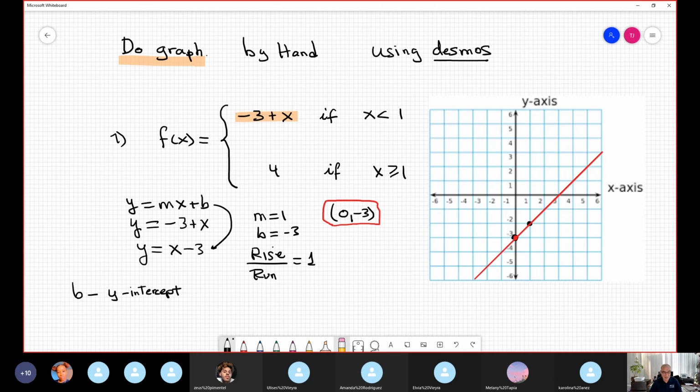On the other hand, I have the slope, and the slope is 1. If the slope is 1, it's because our line is increasing from left to right, upward. So it's an increasing function. Rise is that segment, and run is this segment, and this allows me to determine the second point, which is the point (1, -2).